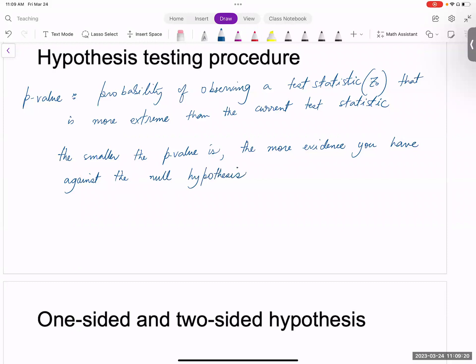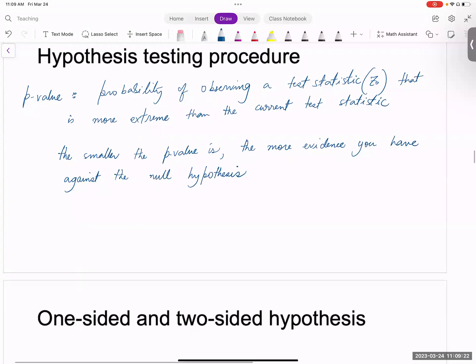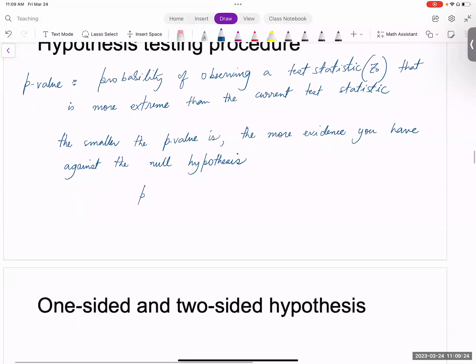Right? And so we usually say that if p is less than some significance level, where alpha is your significance level, then you reject the null. So as p gets smaller and smaller, you have more and more evidence against the null.